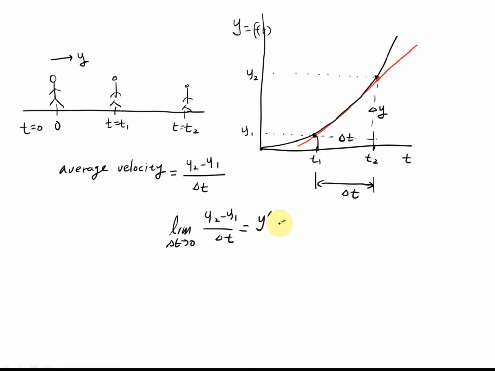So this becomes the instantaneous velocity at a given time, right? Because t1 and t2 are getting close, the slope at a given time becomes the instantaneous velocity.